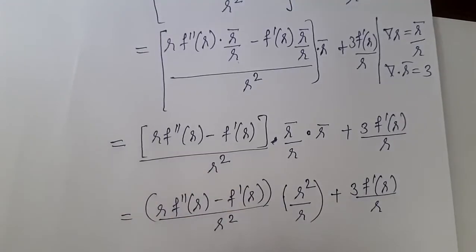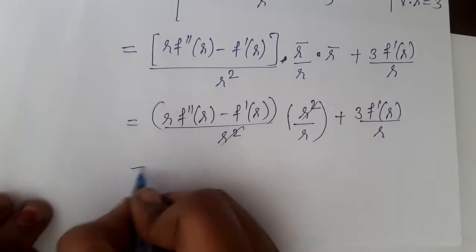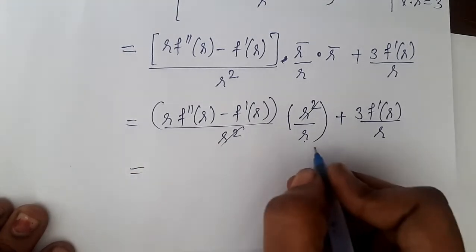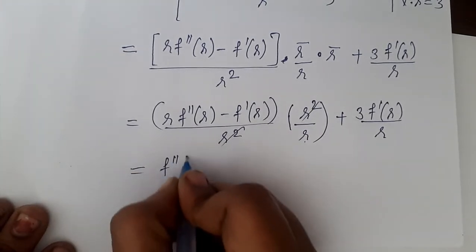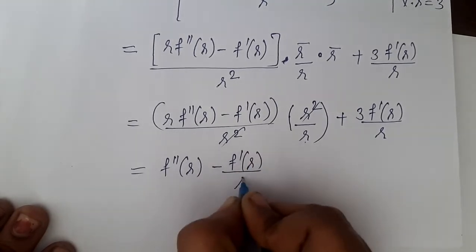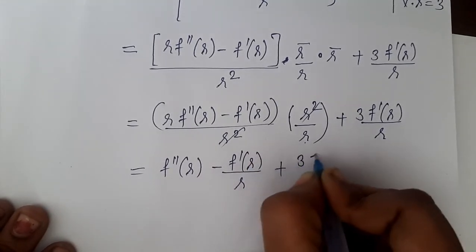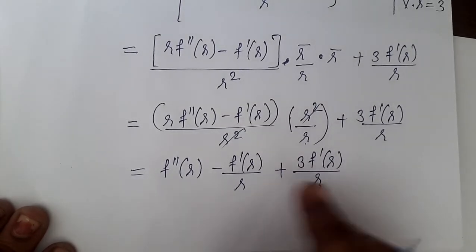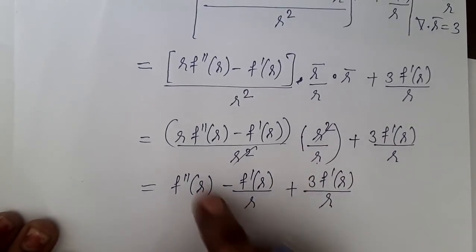Now r square will get cancelled, and the remaining r is divided over the numerator. So r divided by r, it is f double dash of r minus f dash of r divided by r plus 3 f dash of r divided by r. Now both the terms are the same, only there is a change in coefficient.